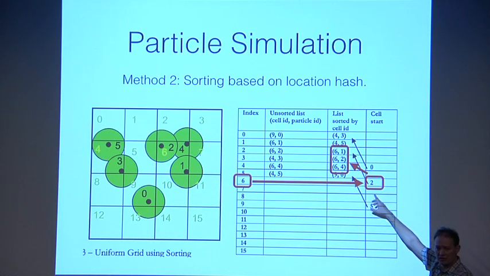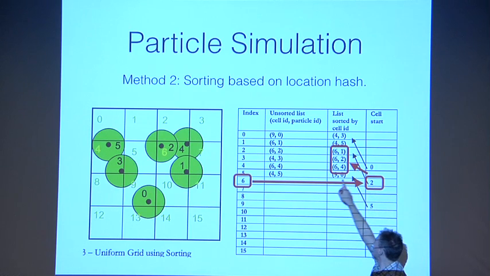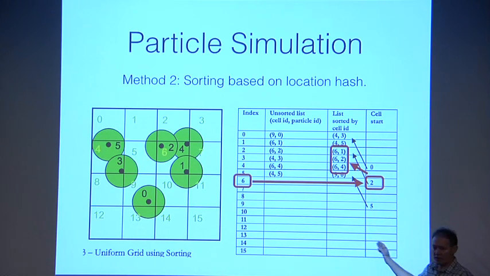Since I sorted by cell ID, they're all contiguous. They start there at index 2. I can quickly do it. And I don't have to have any storage per particle, or a fixed amount of storage per grid cell. I just have this extra cell start list. So much lower memory requirements.